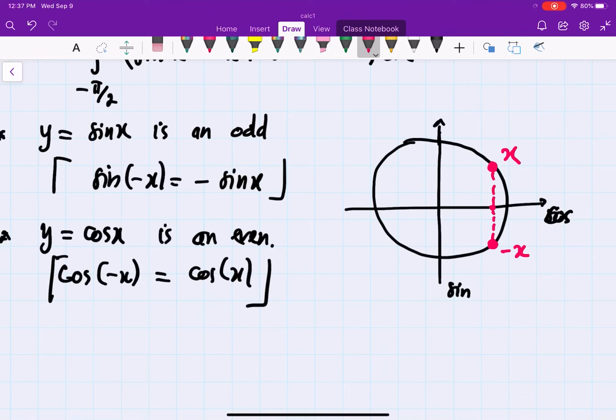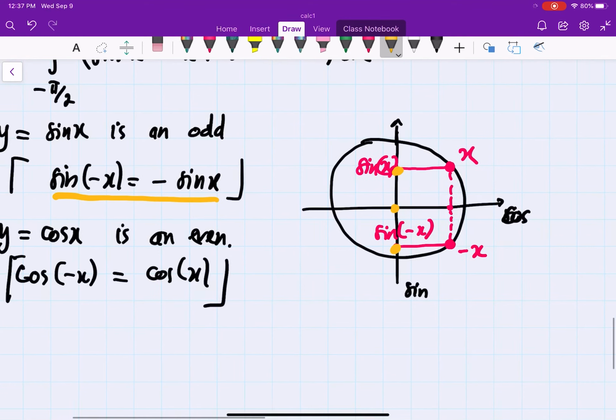So in order to find the sine, you need to draw a horizontal line, right? This is sine of x. And what is this? That is sine of negative x. And you see, these two are symmetric with respect to the origin. So that's why sine of negative x is equal to negative sine of x. Does that make sense?